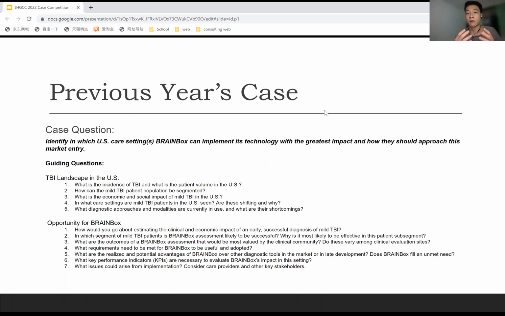Based on those guiding questions, you'll be able to form your hypothesis, and then from there you can test your hypothesis, and you will also be provided with a toolbox, which is a book that teaches you how to conduct analysis. Along with that, you will be provided with the data from the client as well for you to generate insights when you're conducting your analysis.